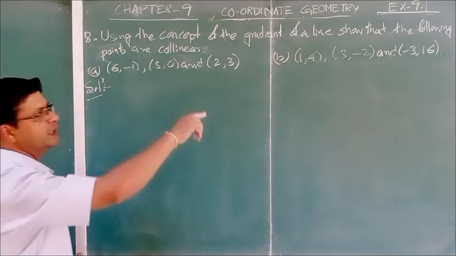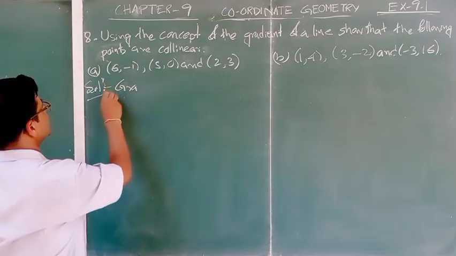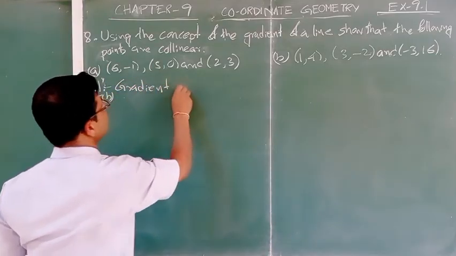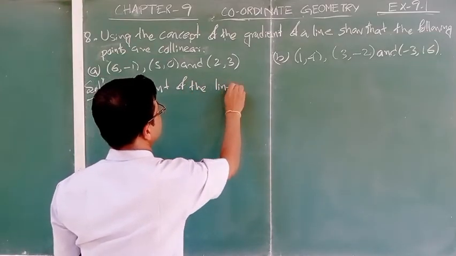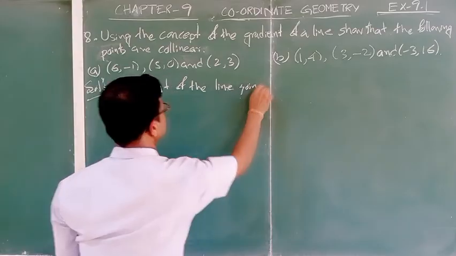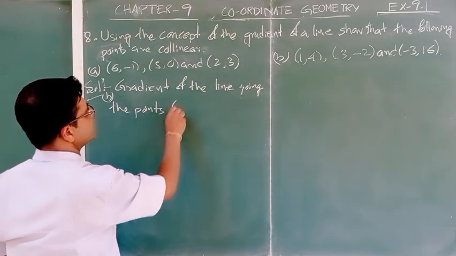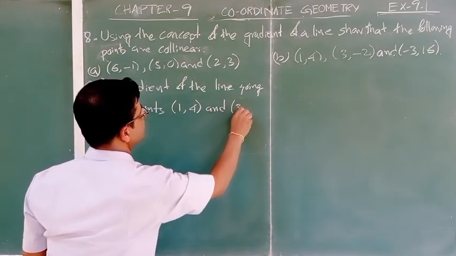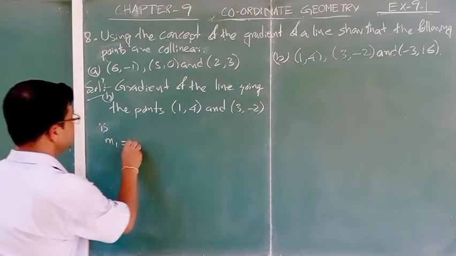Is it okay? Again, let us find for the next set of points. Now this is for part b. The gradient of the line joining the points 1, 4 and 3, -2 is, suppose this is m1.